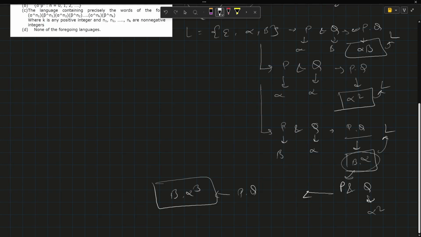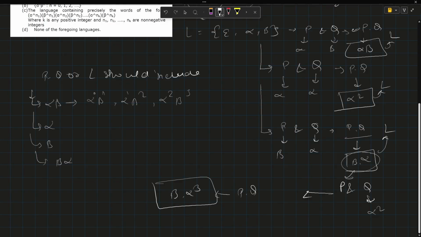So here we can see that L should include mostly terms where alpha is in the first place, or there's a single alpha, a single beta, or beta is in the first place, and there are iterations or combinations of it, like alpha beta, alpha squared beta, and so on. So it's going to be alpha^n and beta^n.